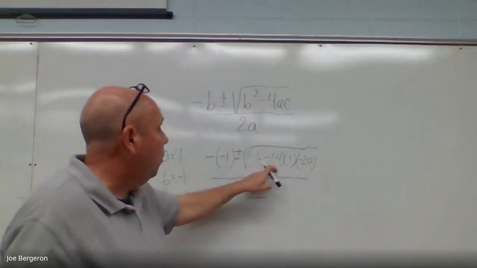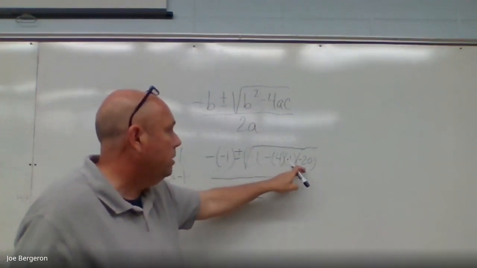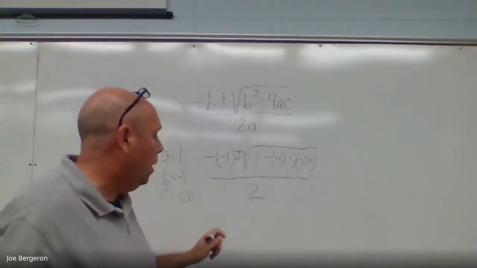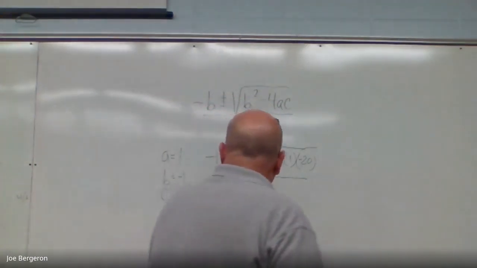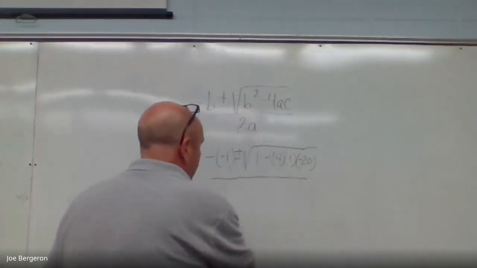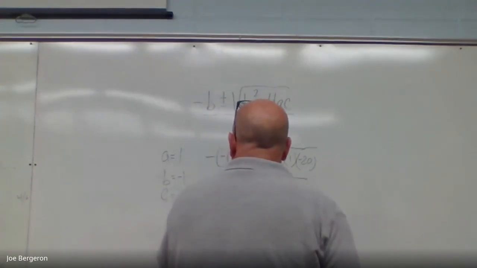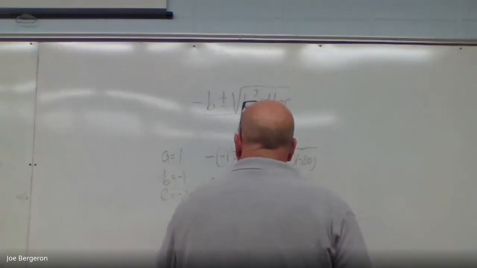So negative 4 times 1 is negative 4 times negative 20, which gives us 80, all right? And that's positive 80. 80 plus 1 is 81. Forgive me, I'm trying to see if we can see that underneath here. So we have negative 1 plus or minus the square root of 81 over 2.